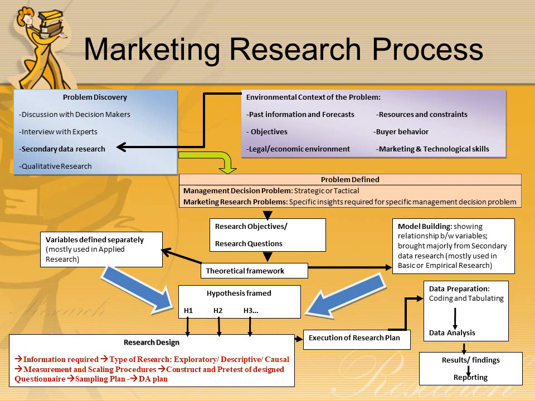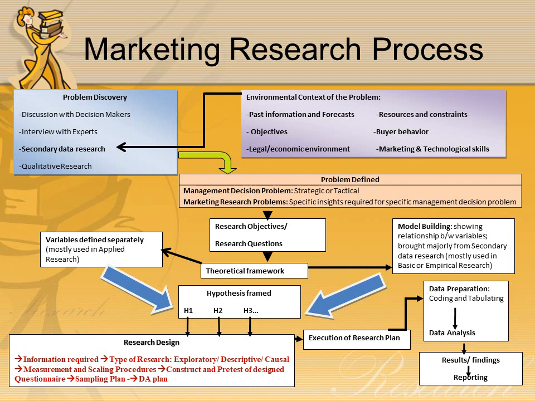Research design components are, first, information required. The information required are the variables which we use, and these variables will be listed out here. Then the type of research method which will be used will be listed out, whether it will be exploratory, descriptive or causal, or all the three.